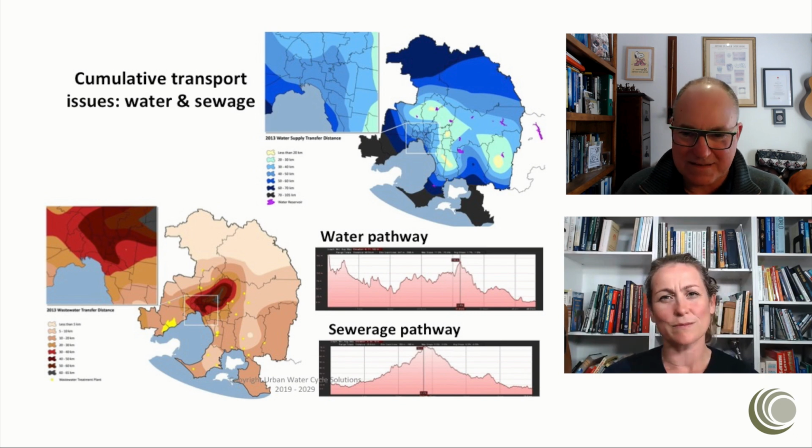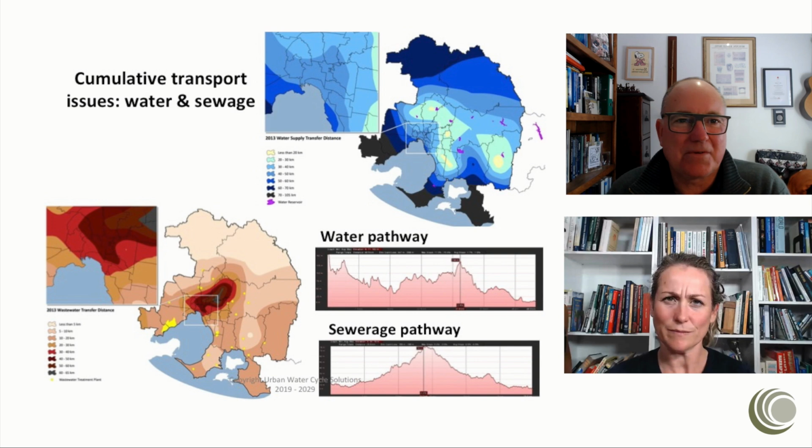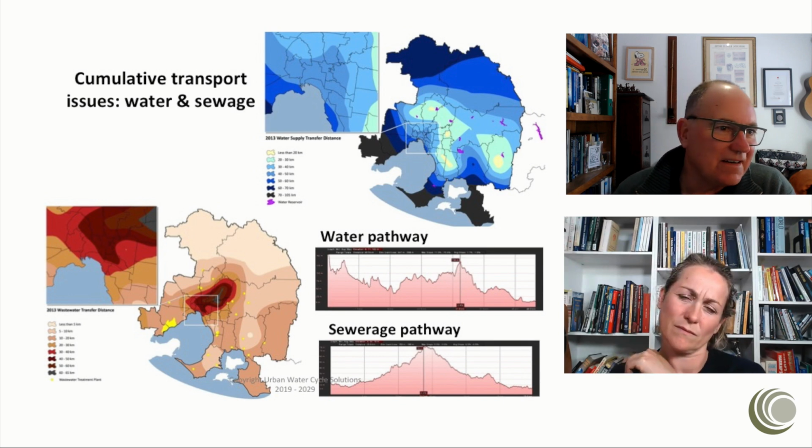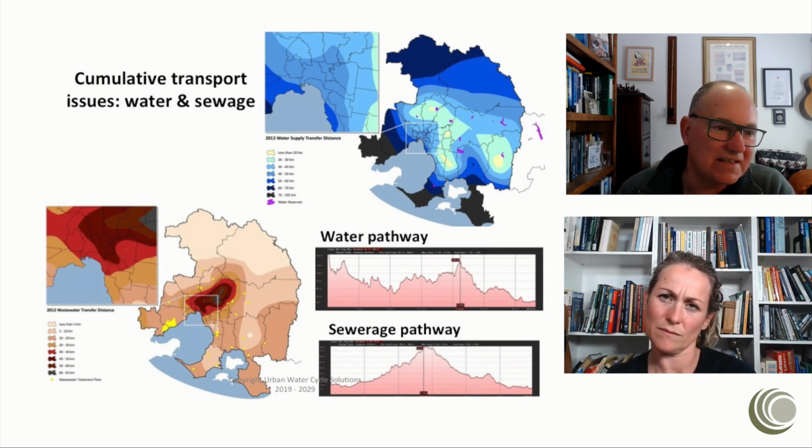If we take it to the blue map in the top corner, that's the water transfer distances from the nearest water supply reservoir around the greater Melbourne region. So the darkest colour is almost black. It's over 100 kilometres transfer from the dams.